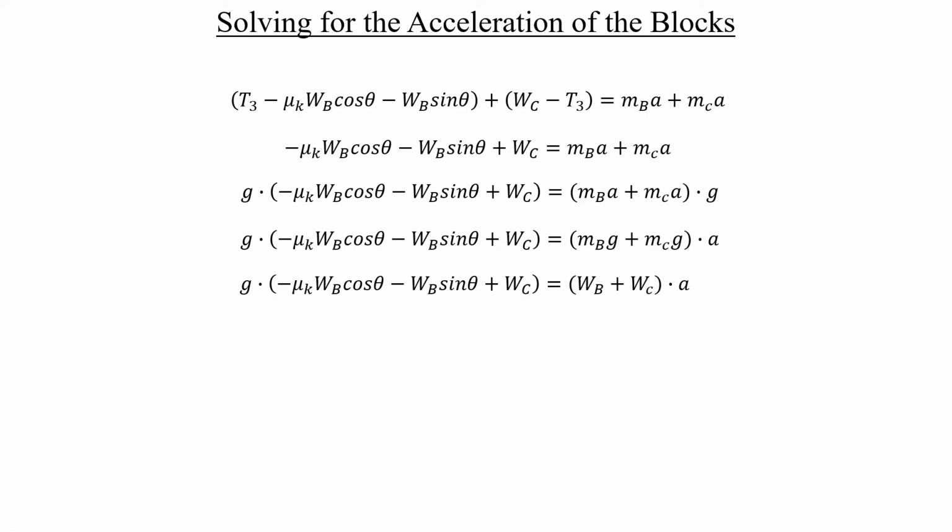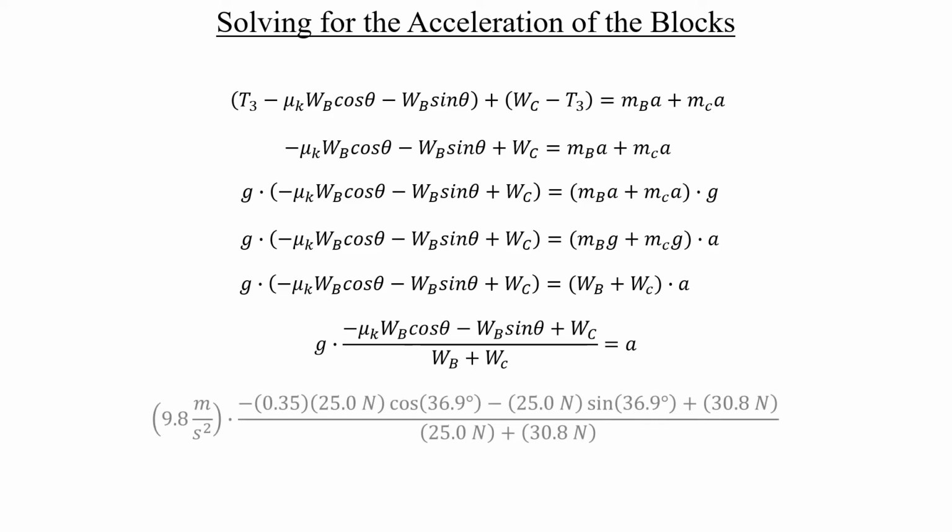And at this point, we'll divide both sides by the sum of the weights. And here we finally have an expression for the acceleration of both blocks. And when I plug in our numbers, I get the following to 3 significant figures. And the problem is now complete.